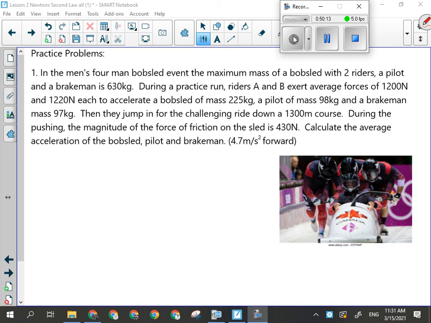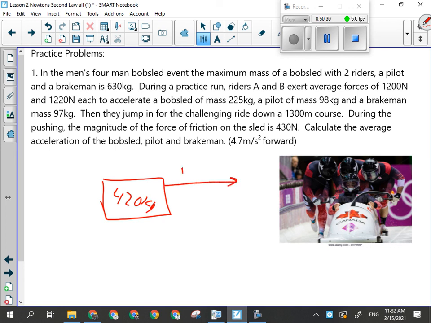All right, so what we have, okay, is our bobsled, the brakeman, 323, 421, right? 420, sorry, 420 kilograms is all the mass being accelerated by 1,200 and 1,220. And then, of course, resisted by 430 newtons.